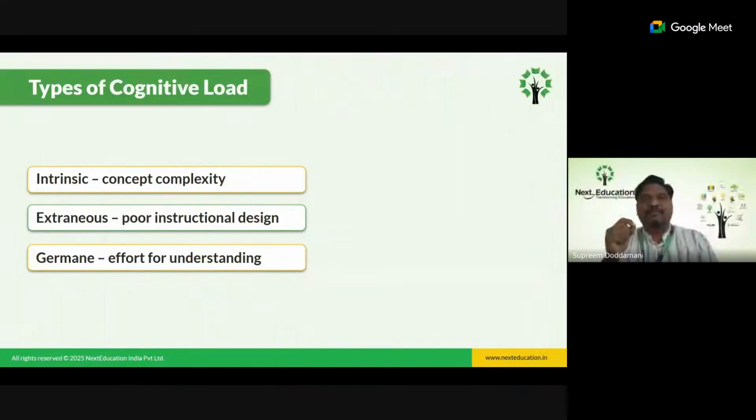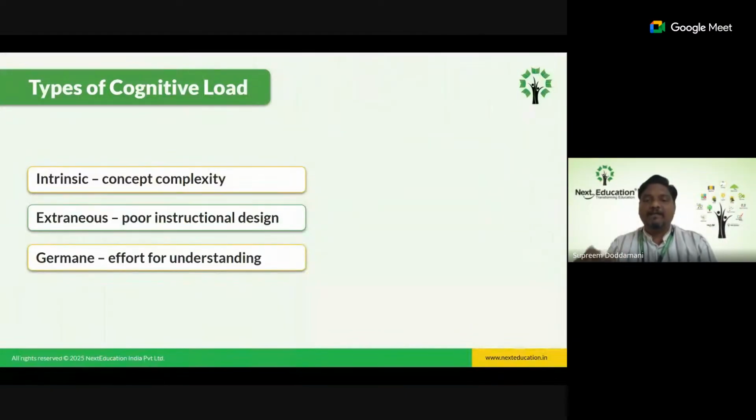So rather than going into intrinsic or extraneous cognitive load, we, being teachers, are supposed to look into germane cognitive load. In the next part of this session, I will be giving you examples of how to overcome this, or what type of activities will help to overcome intrinsic, extraneous, and germane types of cognitive load.